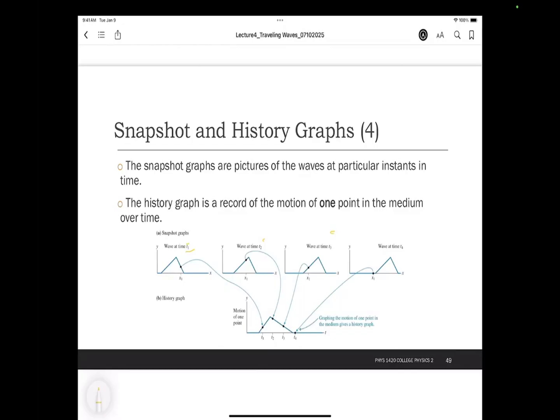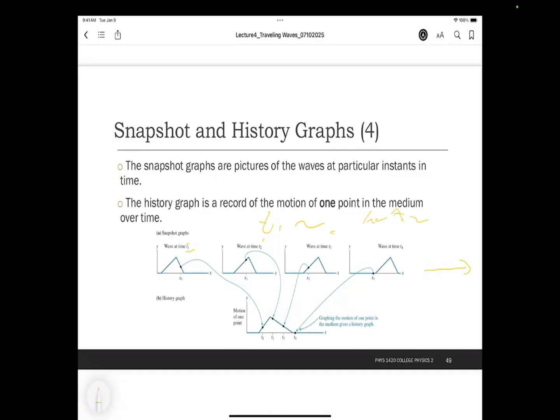If you want to observe for a long time, because waves usually last a long time, drawing from T1 to maybe 100 T1 will be very long. But in the history graph, you can see as time passes what a specific point looks like. The historic graph is a record of the motion of one point in the medium over time. Does it make sense to you?